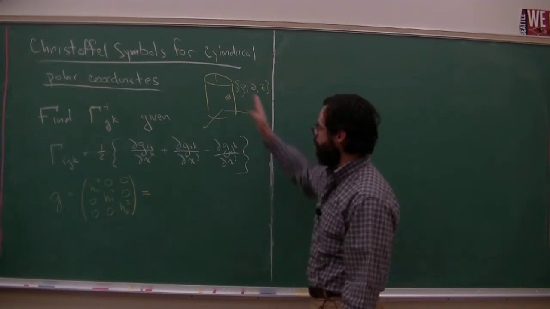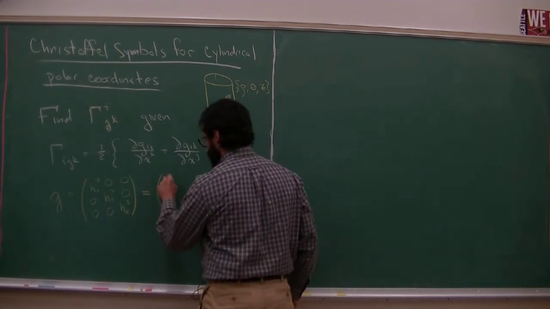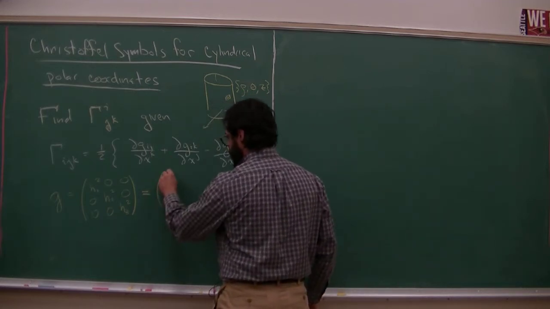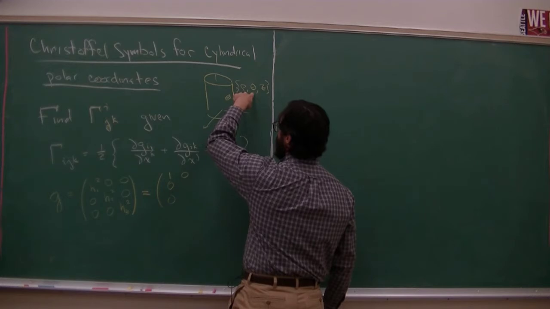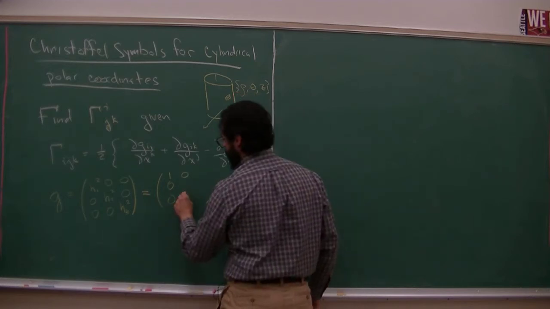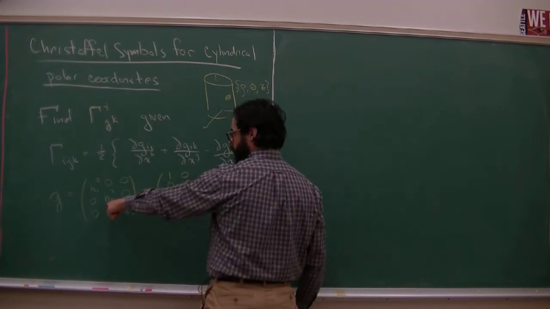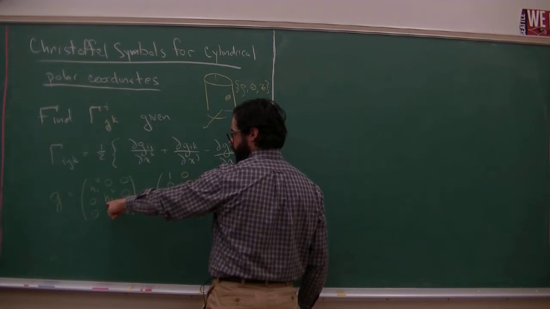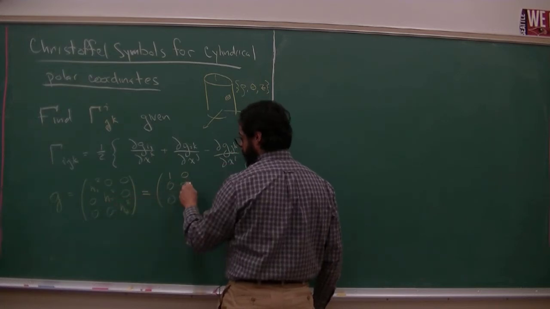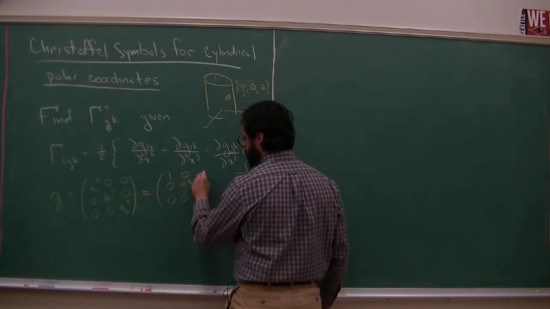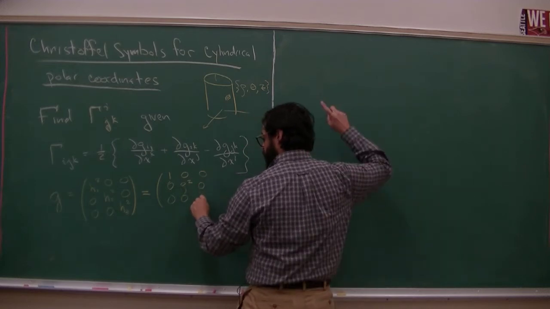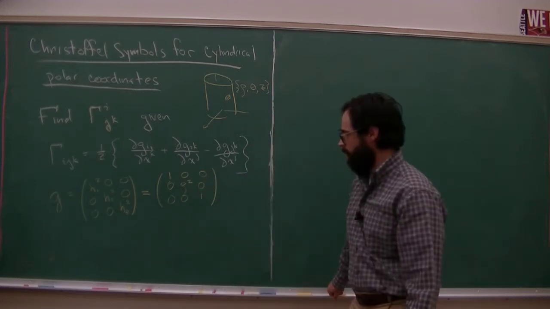What is the scale factor for rho? It's already in units of distance, so that's 1 squared, or 1. What's the scale factor for theta? In order to turn that into an actual distance, a little bit of distance in that direction is rho d theta, so that would be rho, but quantity squared, so we get rho squared. And then z is already in units of distance, so that's our metric tensor.